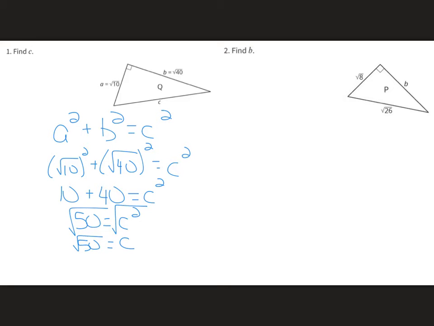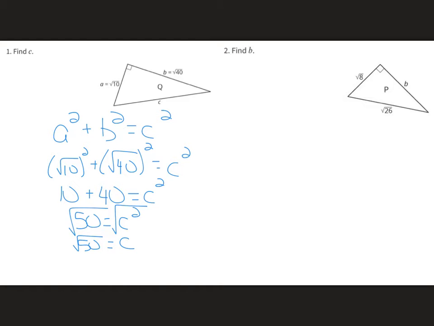There's a couple of things we could do here. It depends on what the question asks. If it says to find it exactly, that means we don't want to plug this into the calculator and get a decimal. If it says to round it, we do want to plug it into the calculator and get a decimal.